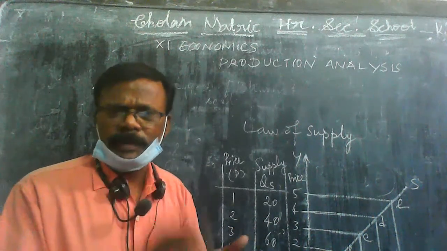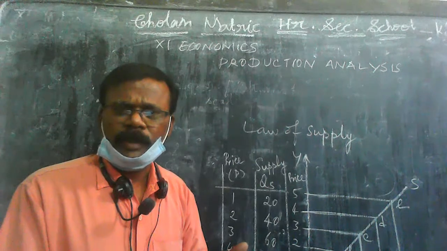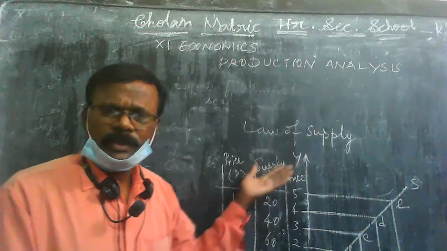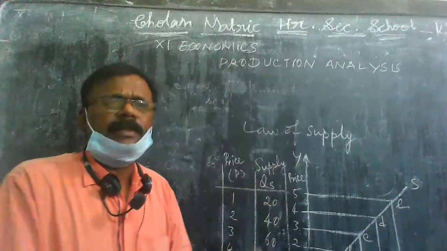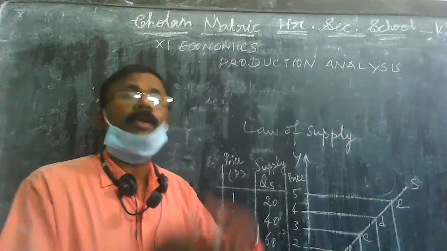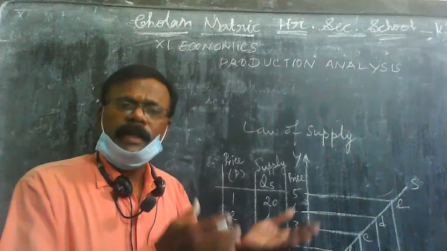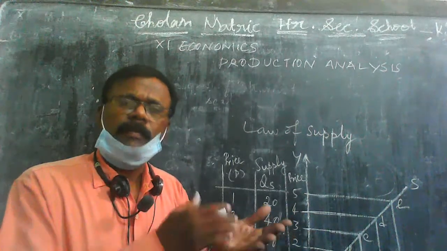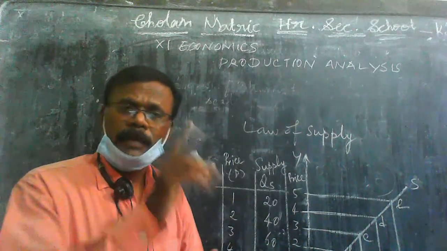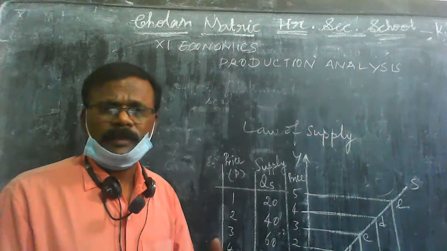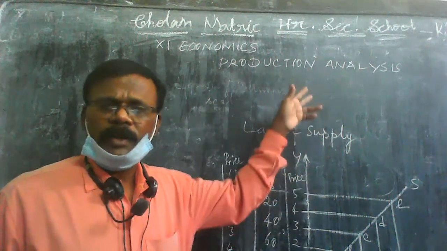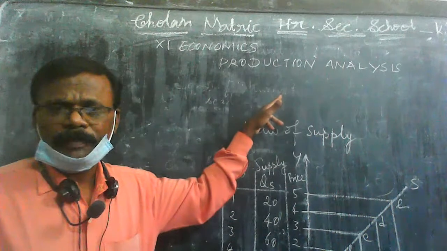Okay, so that is constant returns to scale. So diminishing returns to scale, if all the inputs are increased, output increases by less than 1%. These are the three phases of returns to scale.